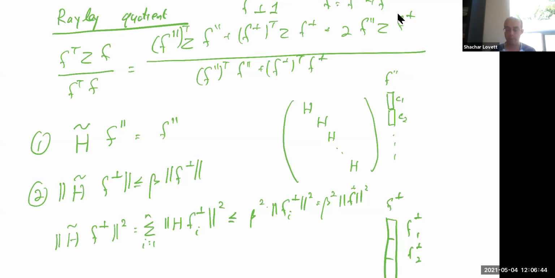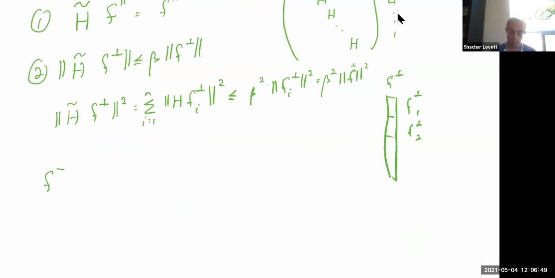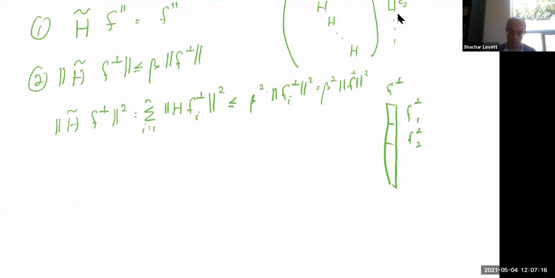I claim that just these two things would allow us to already analyze many of the quantities above. Let's analyze, for example, the second term and the third term. What can you tell me about F perpendicular transpose H tilde F perpendicular? This is one of the terms we want to analyze. Sorry, what I meant to say was: now I want to plug in Z to be H tilde P H tilde.